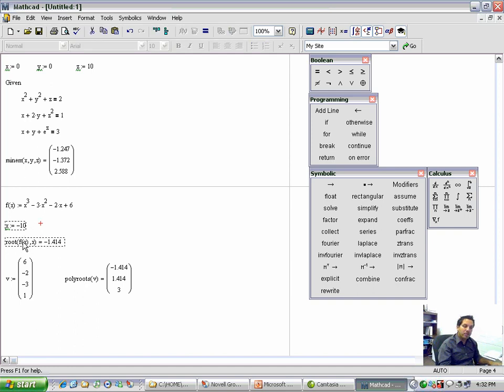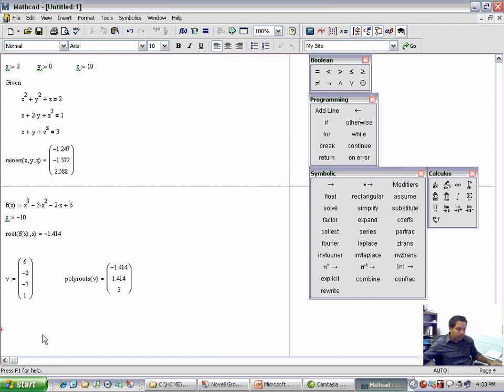Okay, depending obviously on the initial guess. All right, so you can use that roots function for more complicated functions that are not necessarily polynomials. You can use trigonometric functions, exponential, logarithmic functions, rational or irrational functions, but the polyroots function only works for polynomials, and you give the coefficients of that polynomial directly in a vector.